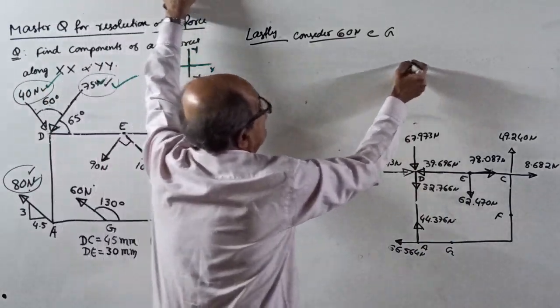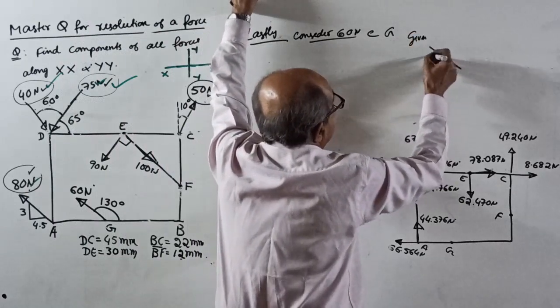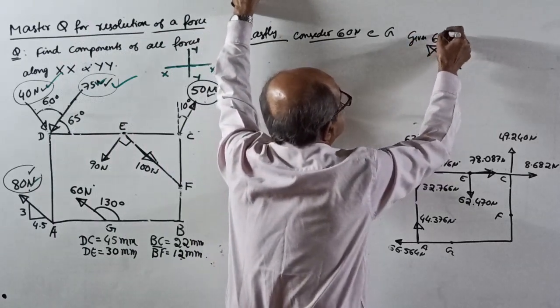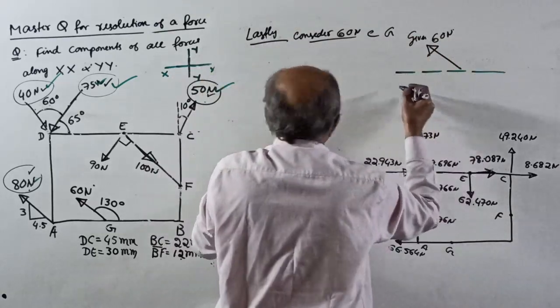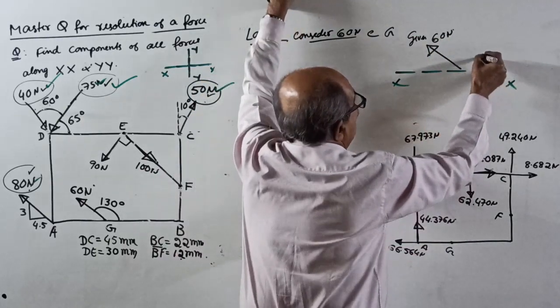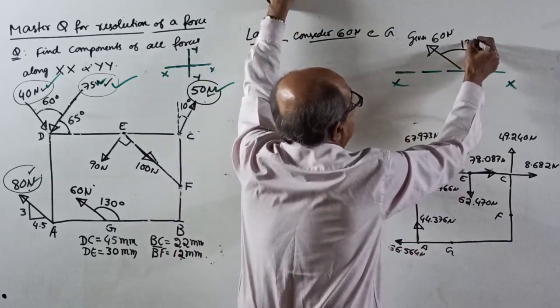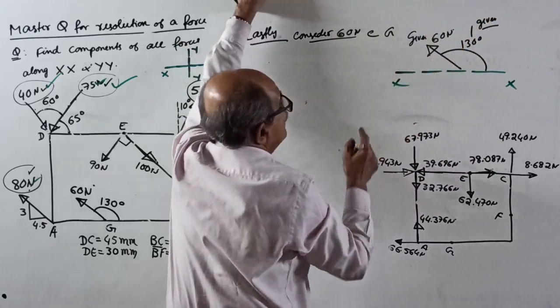Okay, now G. Make a note here. The question is given: 60 Newton force. If you see the x-axis, 130 degrees is given. Now write a note here.